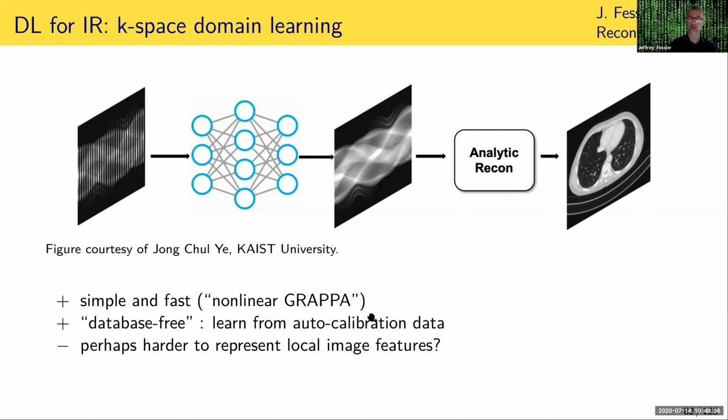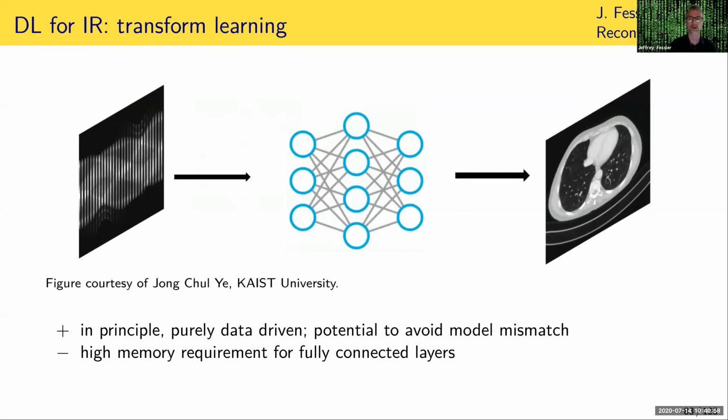They're sort of patient-specific adaptation. They just use the redundancy, if you will, in parallel MRI across multiple coils to train the neural network on a patient-by-patient basis, which is kind of attractive. I think it's probably hard to capture local features of an image in sinogram space or in k-space. So I think that might be one drawback, a limitation of those methods.